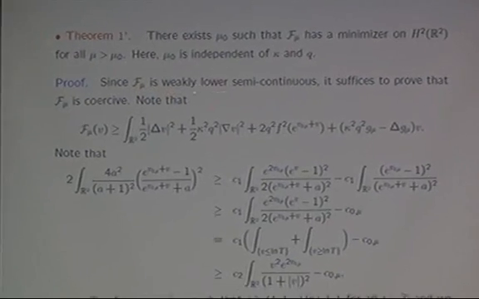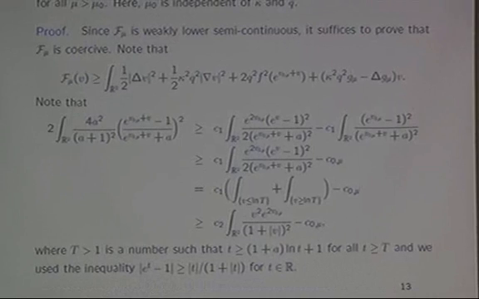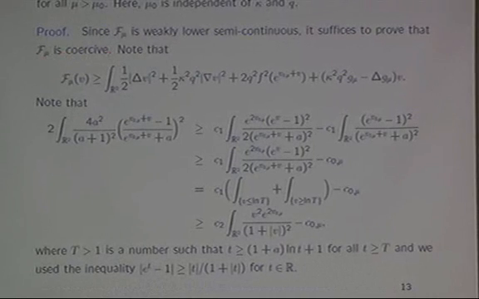It is easy to see that F is weakly lower semi-continuous. So we have to prove that F is coercive. We have the L2 norm of the Laplacian of v and the gradient of v. So we need a bound for the L2 norm of v, which comes from this term.